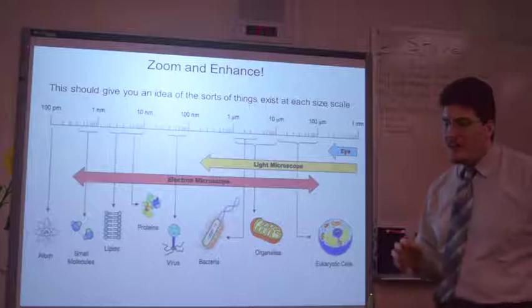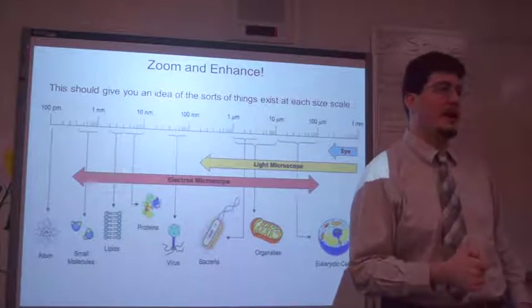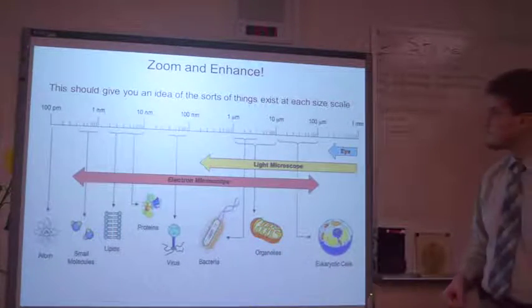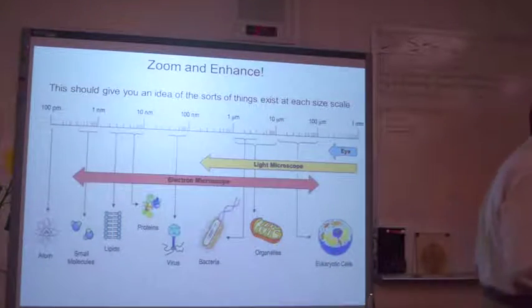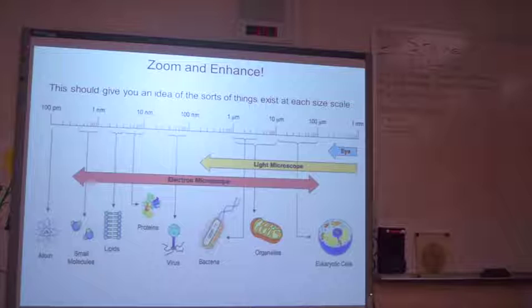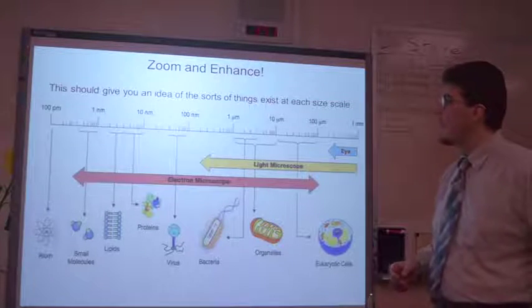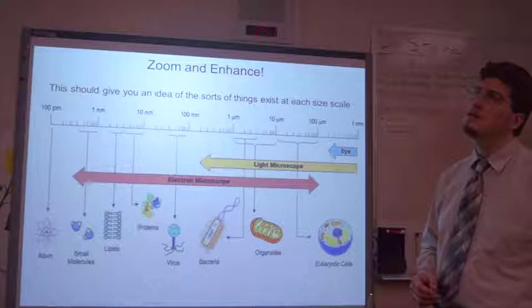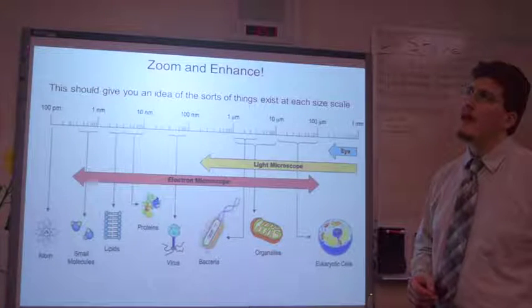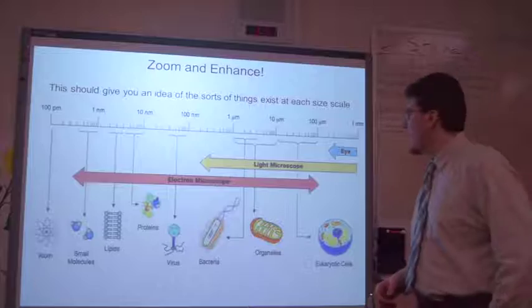That's the size of maybe the largest tardigrade. Light microscopes can also show you things that are that size. Is the width of a human hair that? I don't remember. All right.